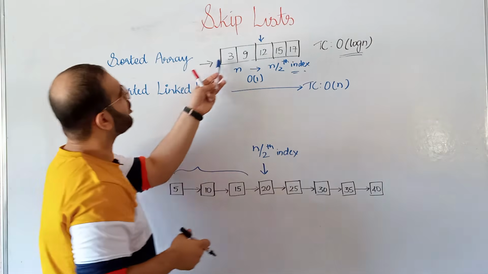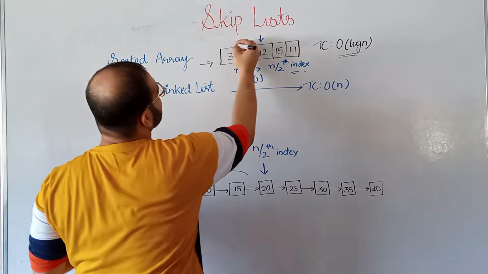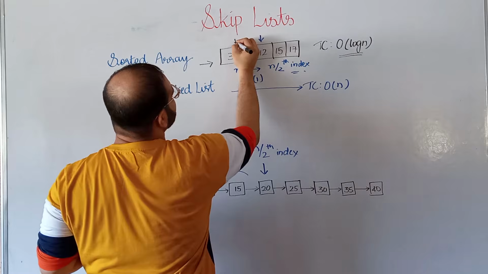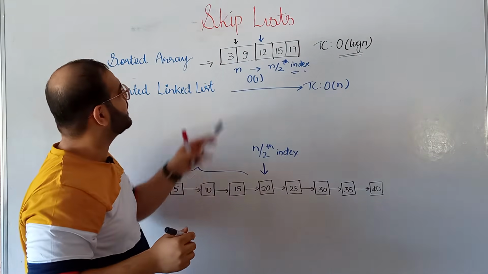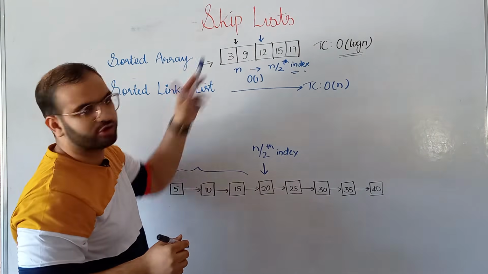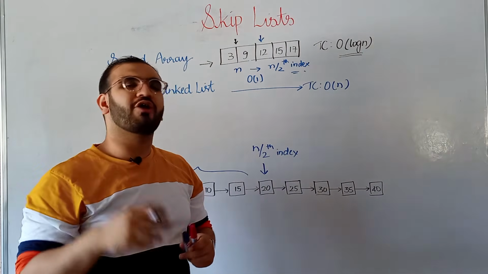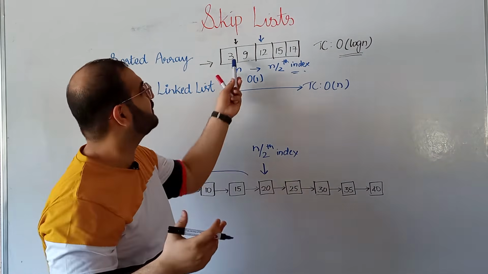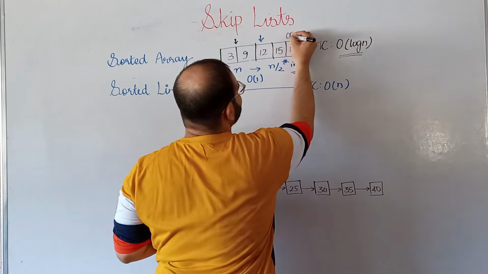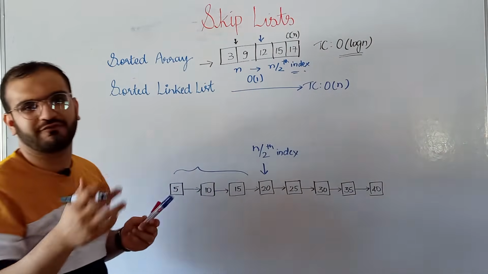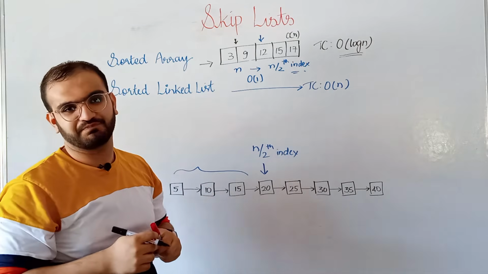Because in case of a sorted array, if we want to insert an element somewhere here in the middle, right? So if we want to insert 6 over here, the time complexity of this insert operation or any kind of update operation will be order of n, right?